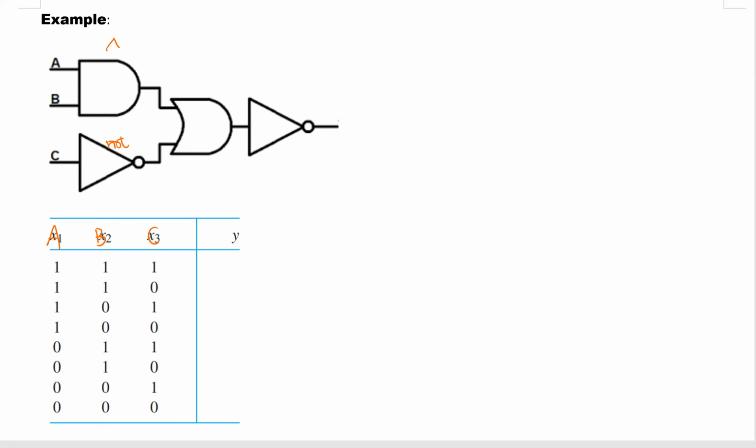This is OR, and this is NOT. So we have A and B, and then OR NOT C, and then NOT of everything.